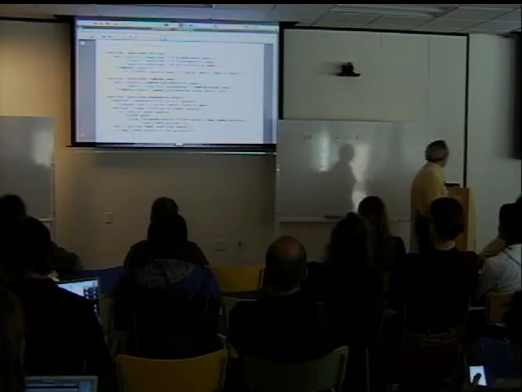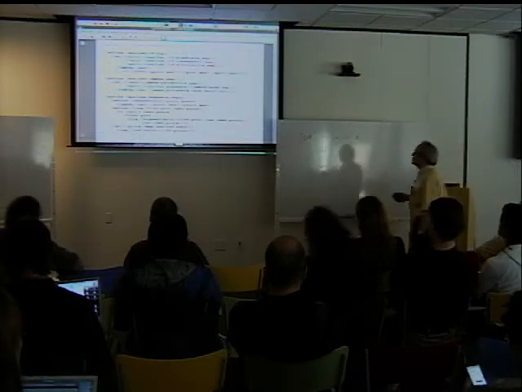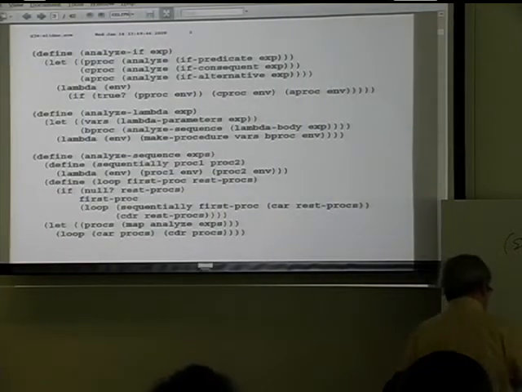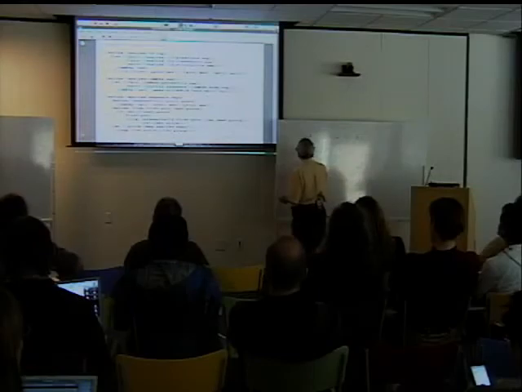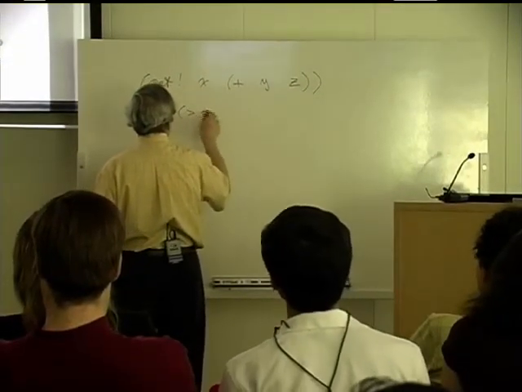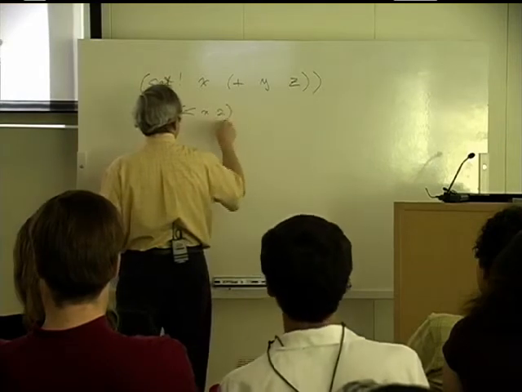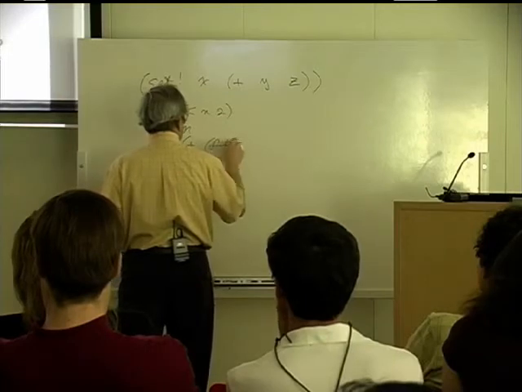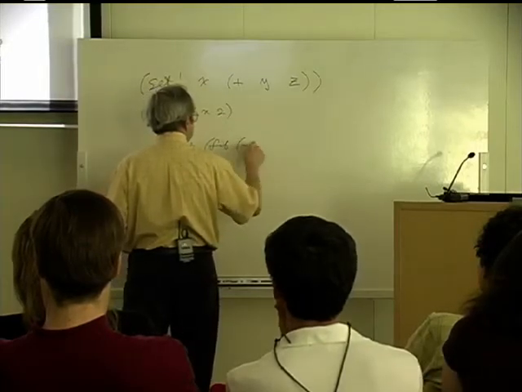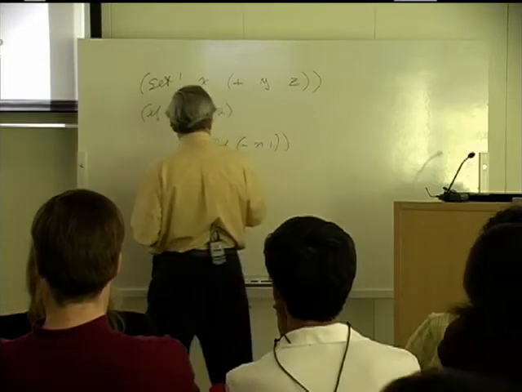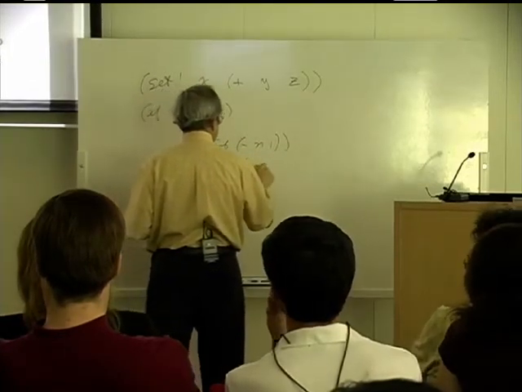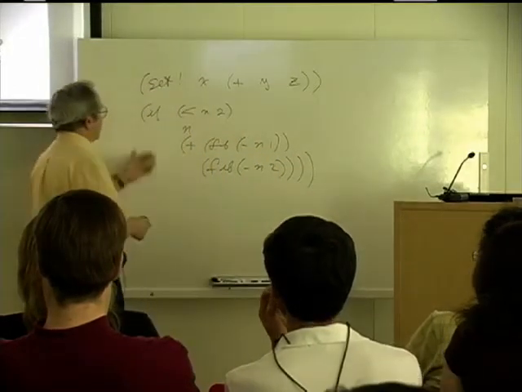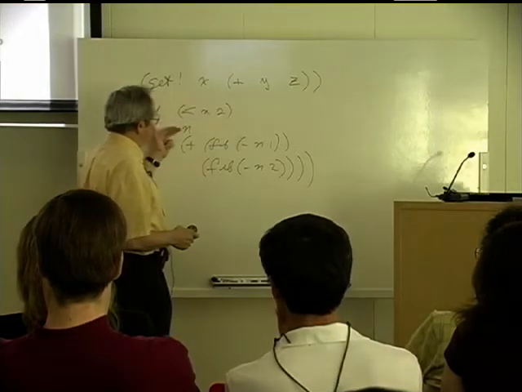And here is the first really interesting one: if. An example of a little if: if n is less than 2, the result is n, otherwise the sum of Fibonacci of n minus 1 and Fibonacci of n minus 2. There are three expressions: the predicate, the consequent, and the alternative.